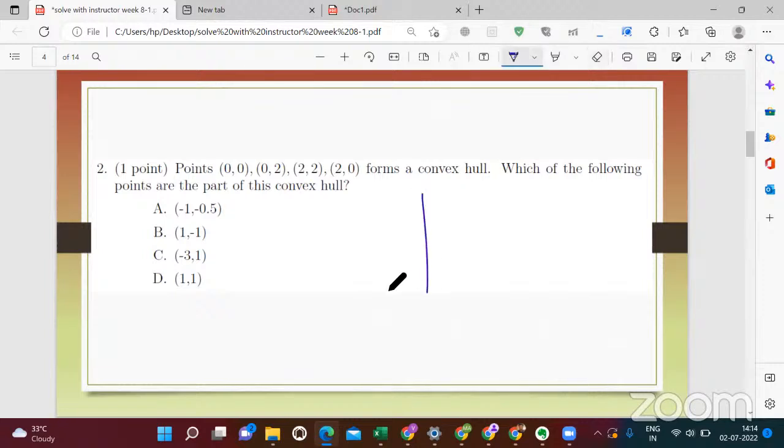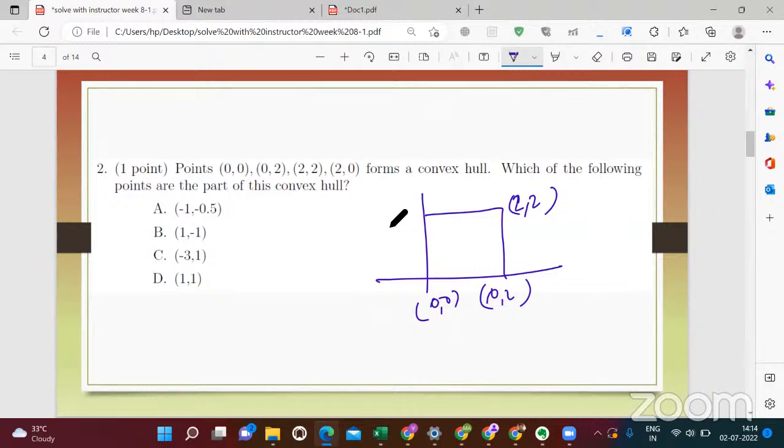The basic shape is a square with corners at 0, 2, this is 2 comma 2, and this is 2 comma 0 and 0 comma 2. All the points inside this form the convex hull, and every point inside will be a combination of the convex set.